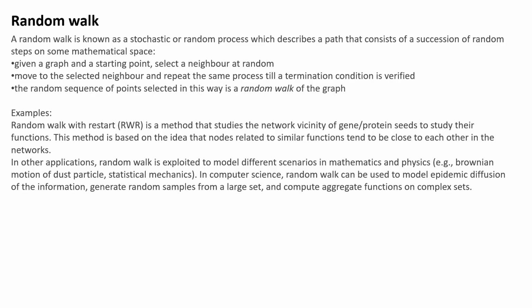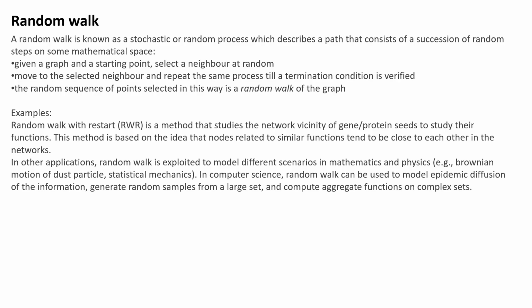Say for example, your termination condition is, if within crossing say 15 edges, you come back to the same node, your process will be terminated. So you can have a termination condition like this. Until the termination condition is met, you need to move from one node to its neighbor, and you need to continue to do that.